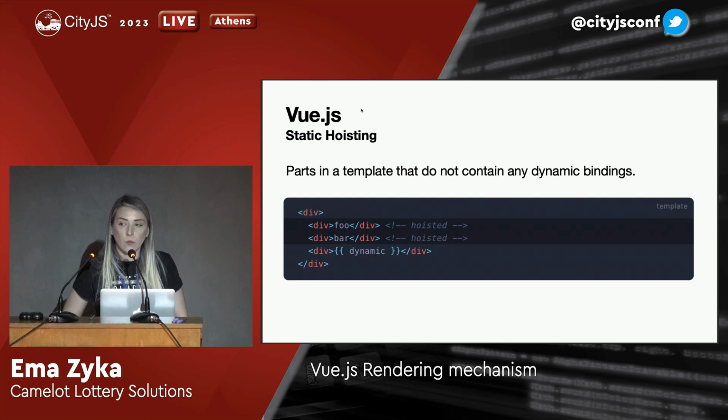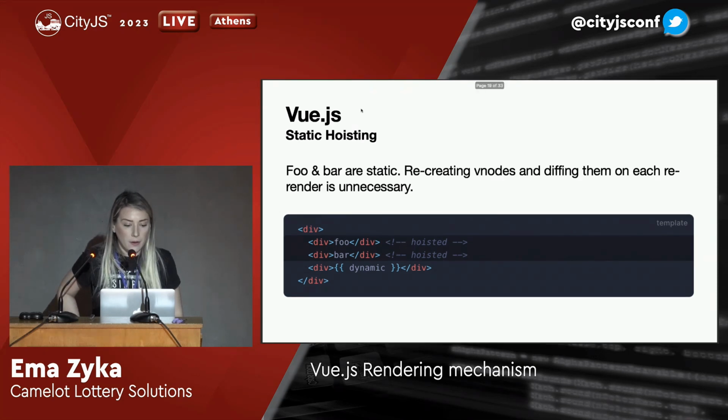About the static hoisting, what Vue does is that when there is some static content which is not changed, as we see in the example, we have the foo bar, which is statically typed, these are things that Vue will consider that they will never change.